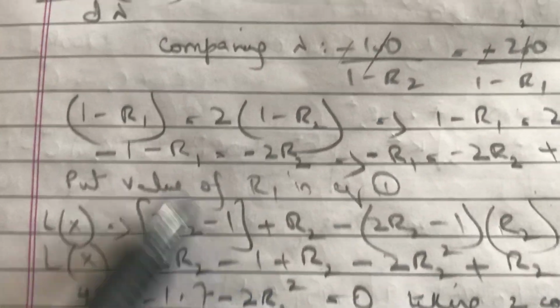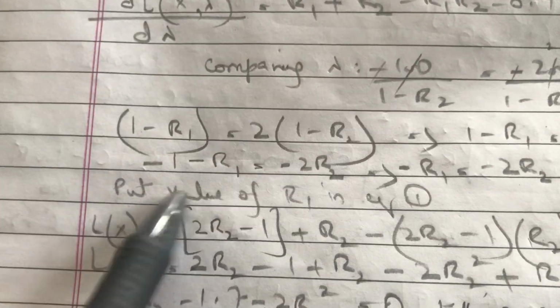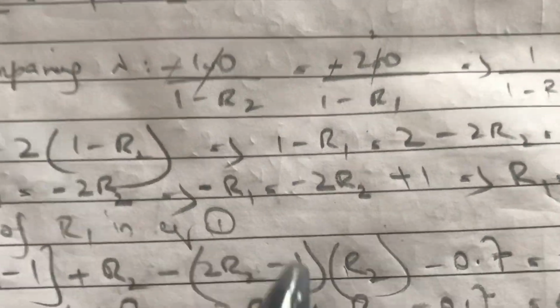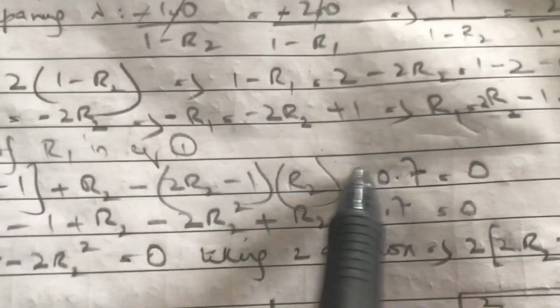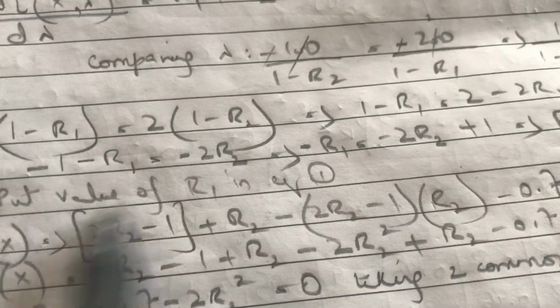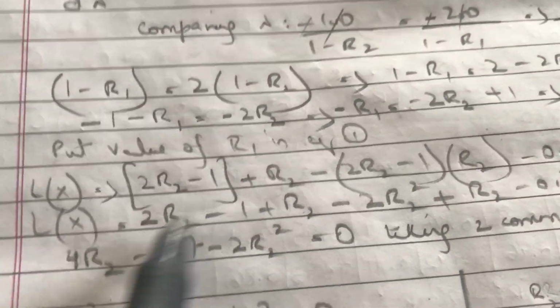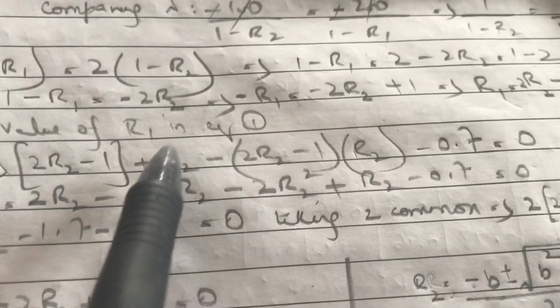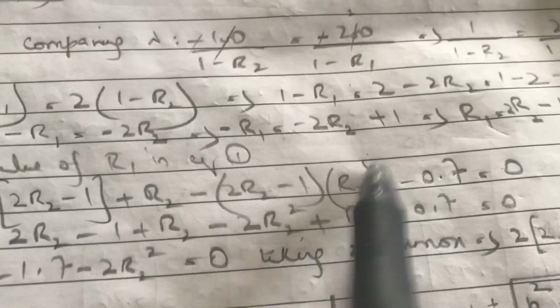So r1 comes here plus r2 minus r1 times r2, and minus 0.7 equals 0. So we substitute our value of r1 in equation 1. By doing simple calculations, this would be opened, and this comes here, and this is going to multiply, and only this is going to be solved.